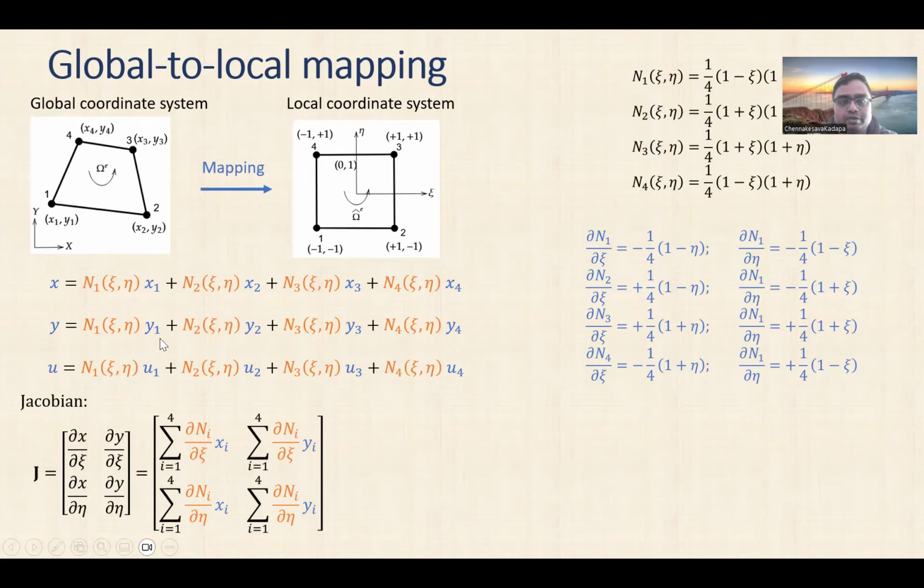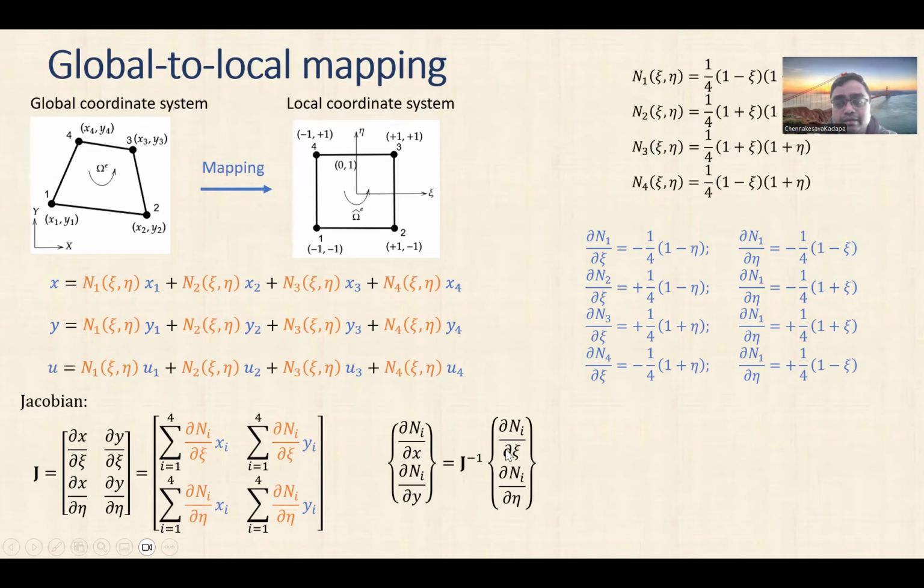Once we know the coordinates x1, x2, x3, x4, y1, y2, y3, y4, and once we know the coordinates of the Gauss point, we calculate these derivatives of basis functions with respect to xi. Then we evaluate the Jacobian. Once we know the Jacobian, we can calculate the basis function derivatives with respect to physical coordinates x and y.